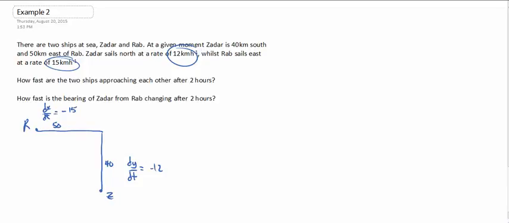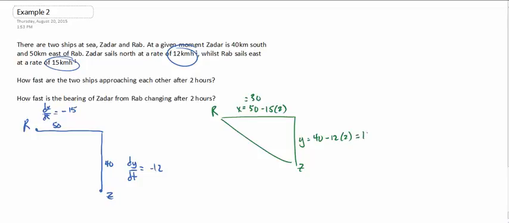Okay, so now we have to draw a slightly new picture. So Rab, Zadar, this x distance is going to be 50 minus 15 times 2, which is 30. So after 2 hours, Rab is now 30 kilometers west of Zadar, and our y after 2 hours is going to be 40 minus 12 times 2, which is 16.